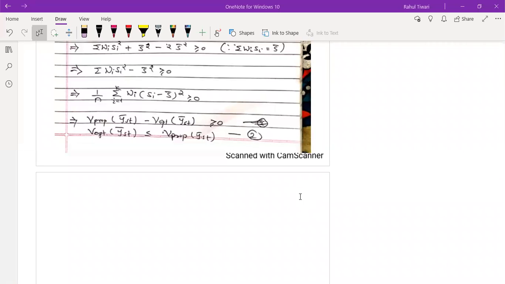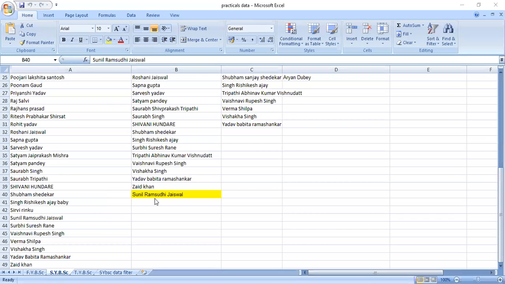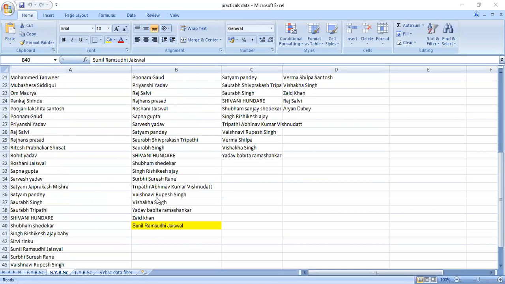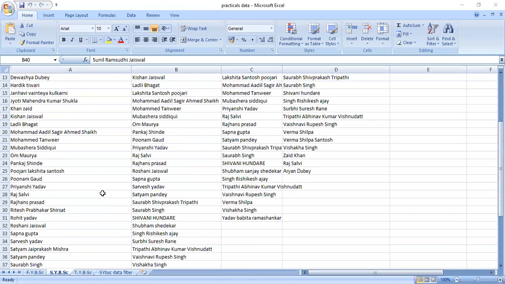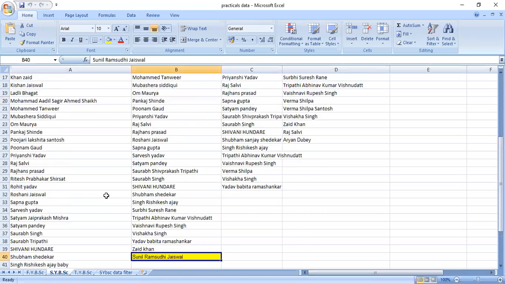So I have already prepared some data for our practical. We need to just verify. You can see this data. I think this is submitted. Let me see the last date. Just a minute.